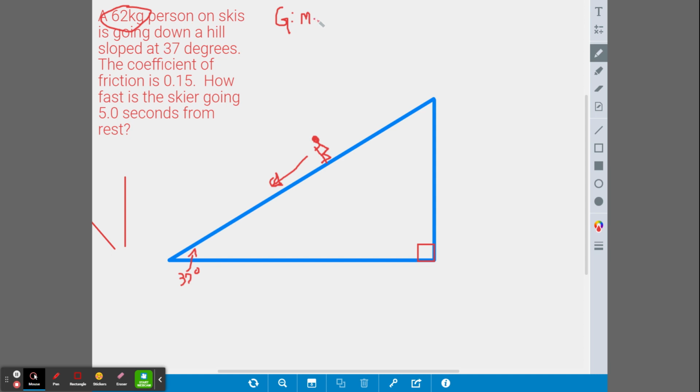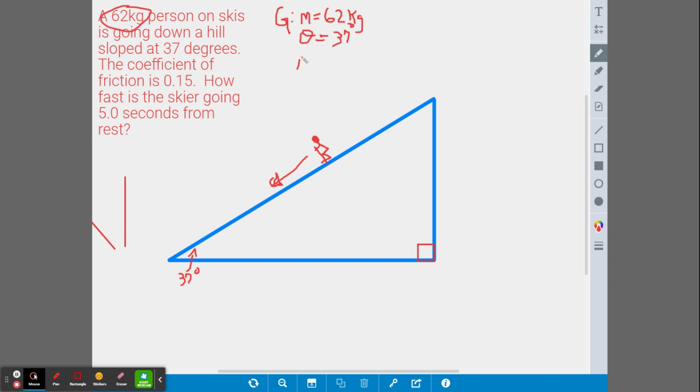So mass equals 62 kilograms. Remember, kilograms is the unit of mass. It is not weight. They're on skis going downhill. Slope, we're given the angle is 37 degrees.